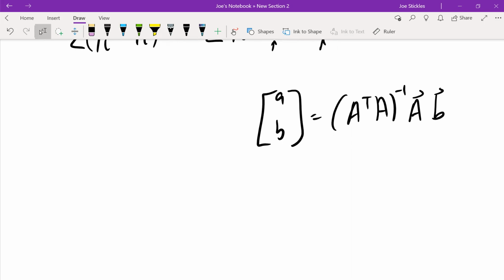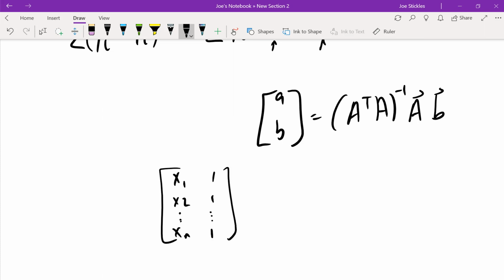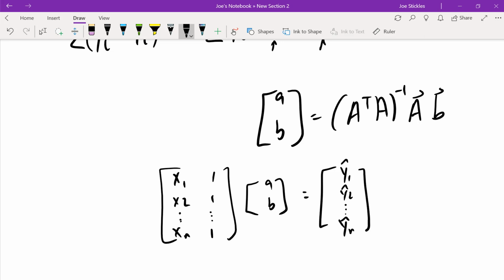If I take this by our x1, the x2, the xn, and the 1s, and multiply that by the AB, that would get us our y hats, exactly. This would be our matrix of y hats. That's exactly right. So this would give you your y1 hat, y2 hat, down to yn hat. Good. All right.